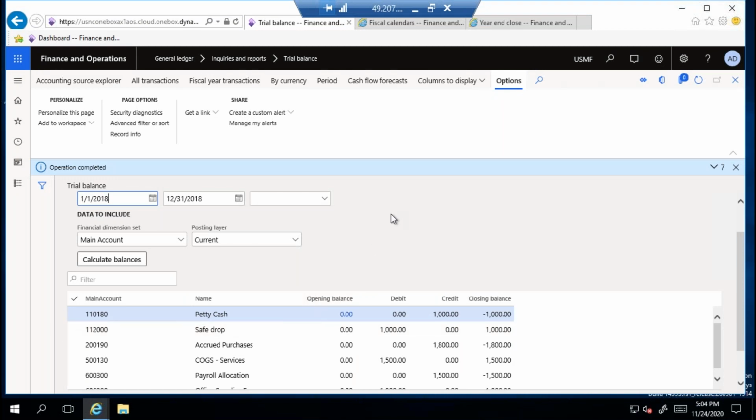Let me show you the process. What should happen is that the 2017 closing balances should be created as opening balances, because in 2017 closing balances are there, and the opening balances should show here.